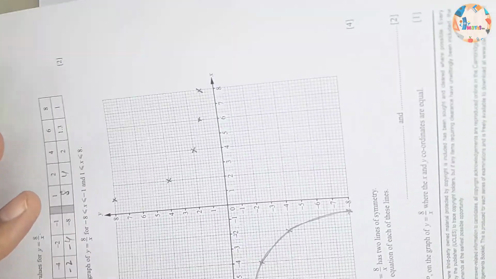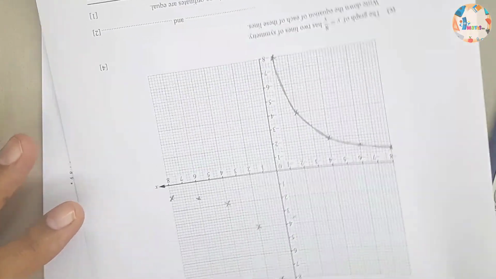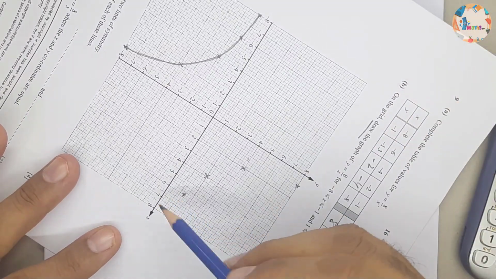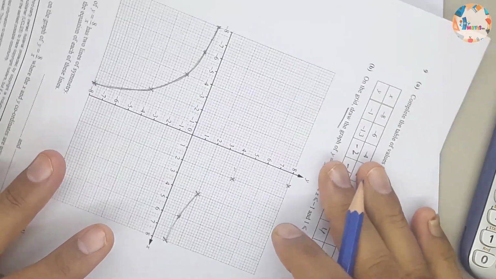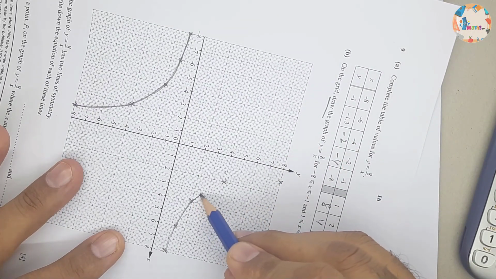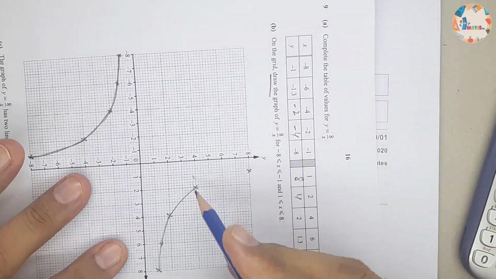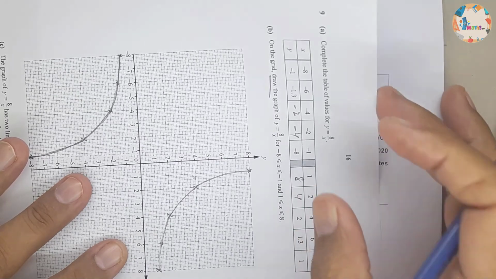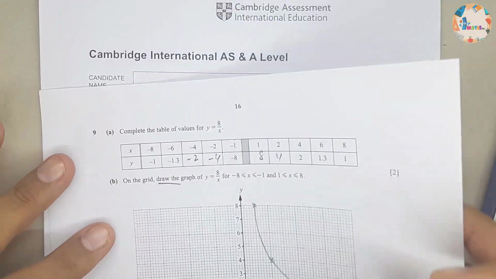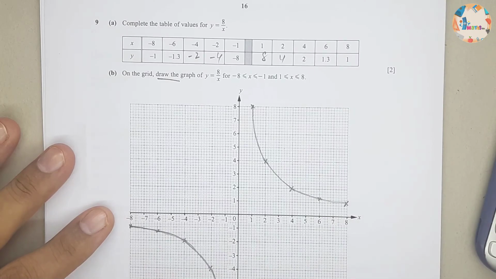So this side is done. We can also turn the page and draw this side as well, and continue with this. So this is done. Now our graph is complete.